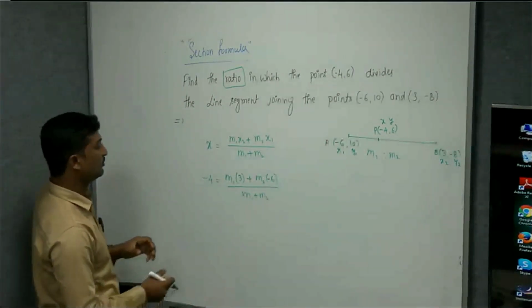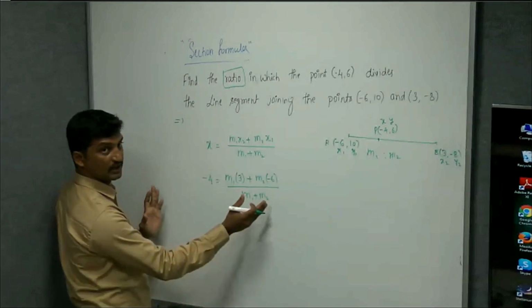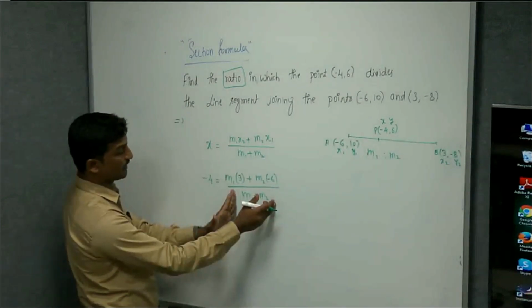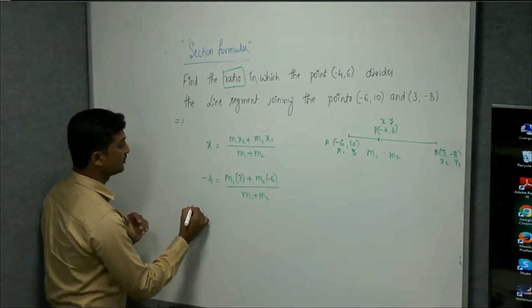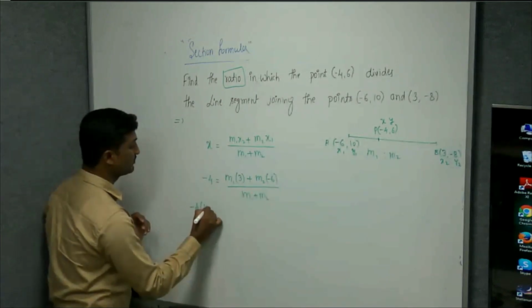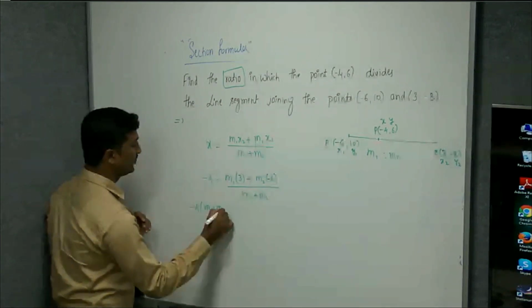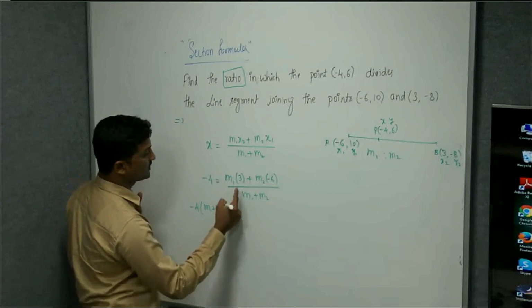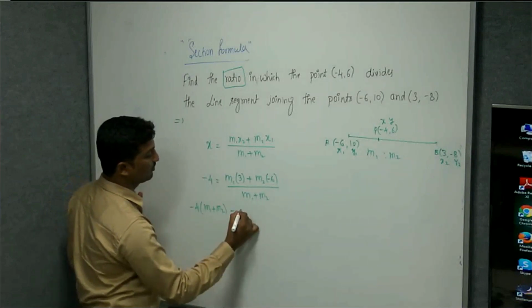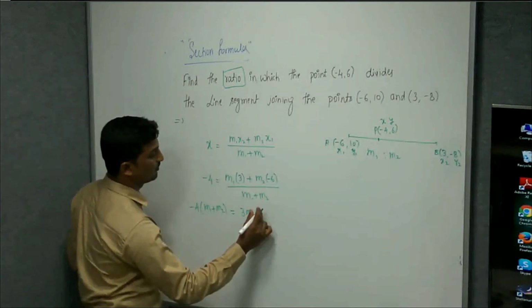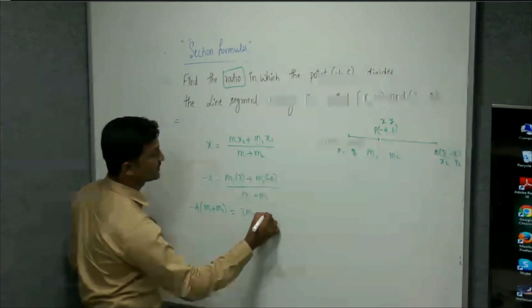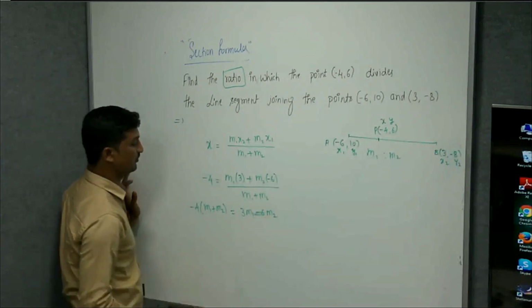Right? Now cross multiply. Transpose this denominator m1 plus m2 to the other side, so that you get minus 4 times m1 plus m2, which is equal to 3 times m1 minus 6 times m2.